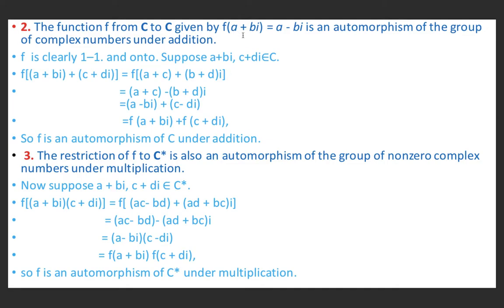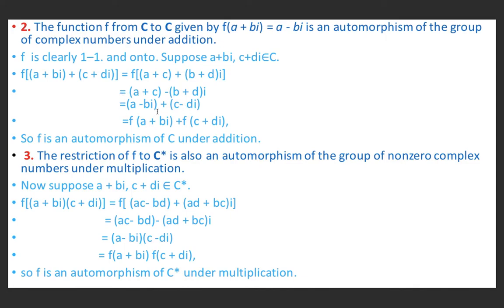So f is defined as f(a + bi) equal to a minus bi, meaning the image is the conjugate of this element. So here (a + c) + (b + d)i has conjugate (a + c) minus (b + d)i. We have changed i to minus i, and this can be written as (a minus bi) and (c minus di).